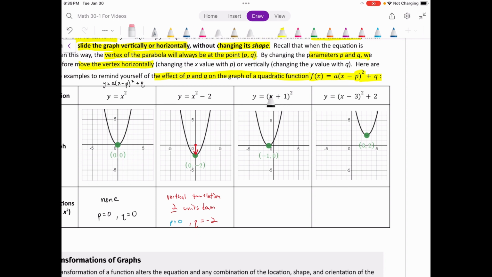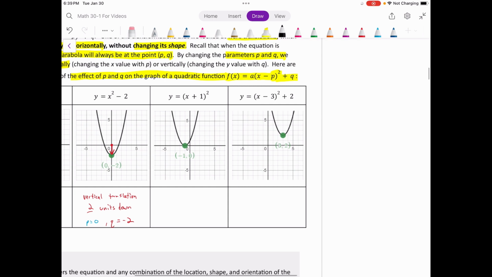Well, if we did x minus p, and that ended up being x plus 1, well, that's only really possible if p were actually negative 1, right? Again, if I'm just looking at this, we'll make a 1 and we'll make q 0 just to focus in. If I did x minus negative 1 squared, that would be how I would get an x plus 1 squared happening in my equation.